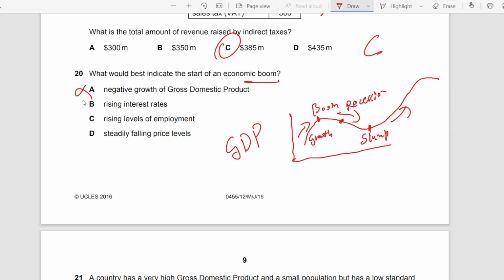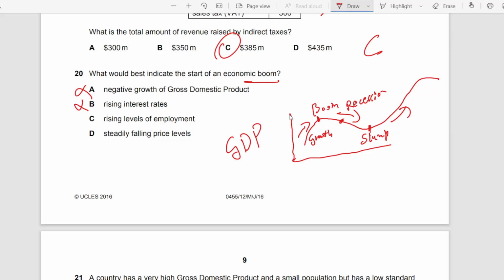Interest rates are set by the central bank. We cannot directly relate this to this example. At the period of boom, they might just raise the interest rates in order to avoid a boom and then a recession that would follow.